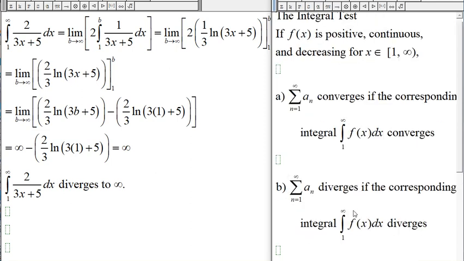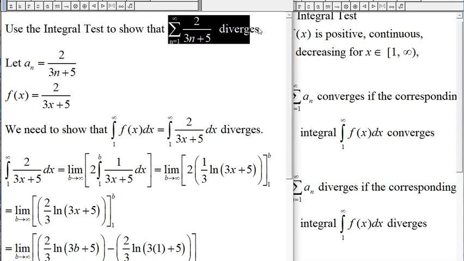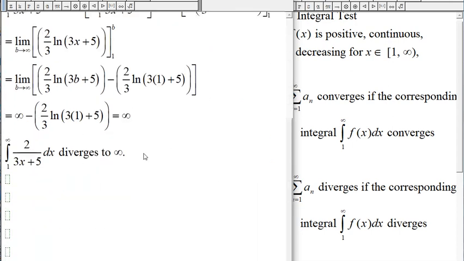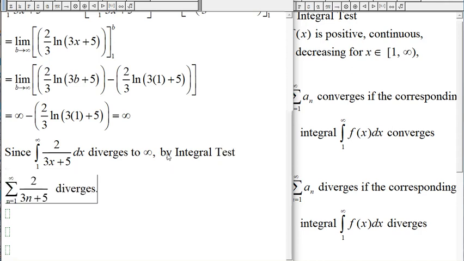And so the integral test says that if we can show that the corresponding integral diverges, then the series diverges. And therefore we can say that since this integral right here diverges, then by the integral test, the infinite series of 2 divided by 3n plus 5 diverges.